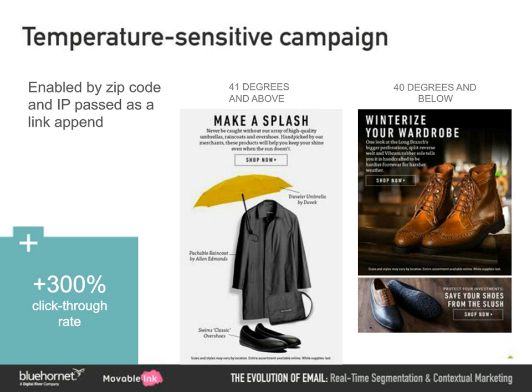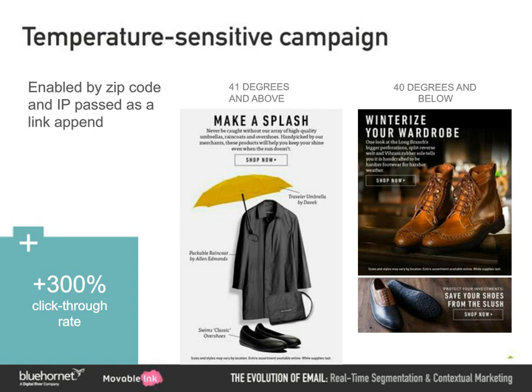A lot of times when we were just doing blast messaging, we would talk about boots to our whole audience, could be as late as the end of March. Well, this is a great opportunity for us to use Movable Ink's feature and target the creative based on temperature.